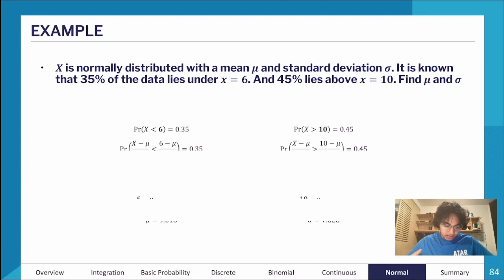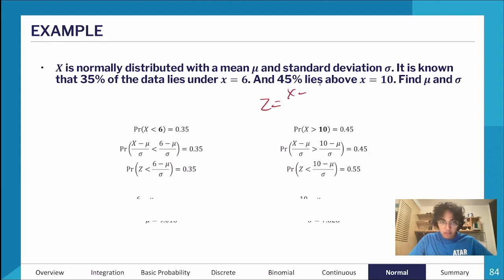So the probability that x is less than 6 is equal to 0.35, which is given in the question. Probability of x is greater than 10 is equal to 0.45, which is also given in the question. So I can use my z equals x minus mu over sigma from earlier to standardize it to the standard normal distribution, right?